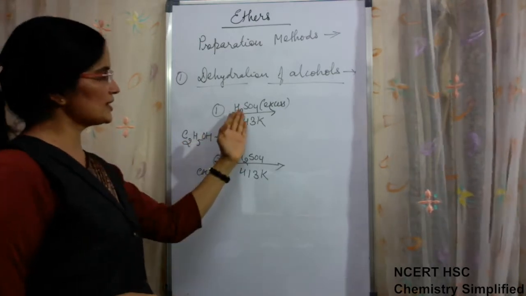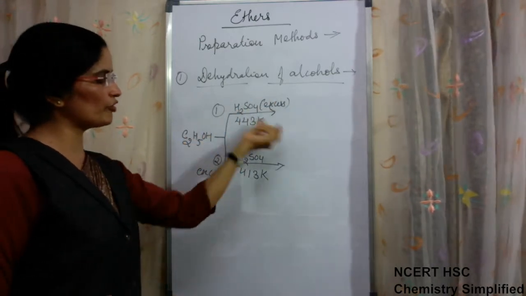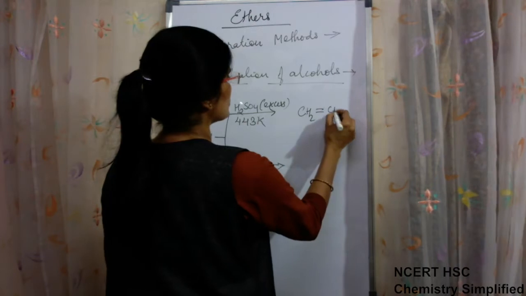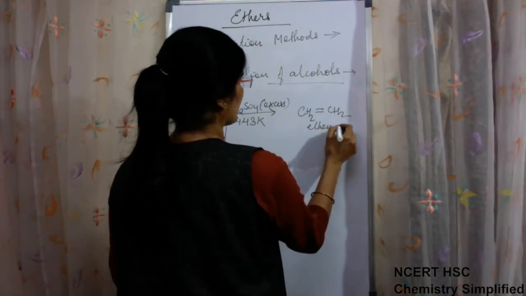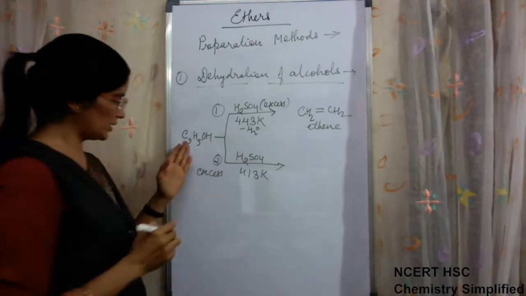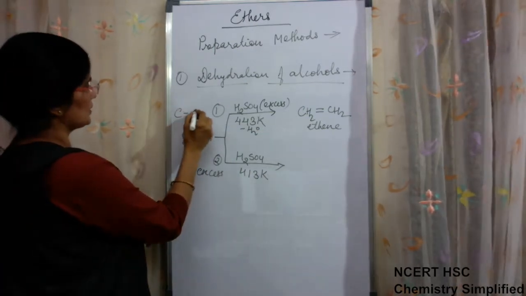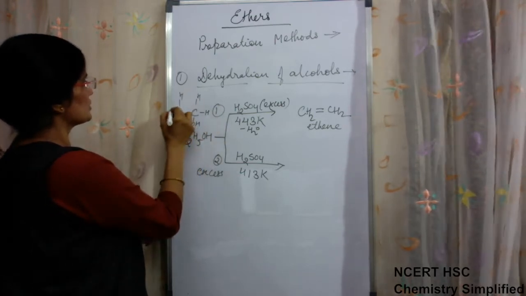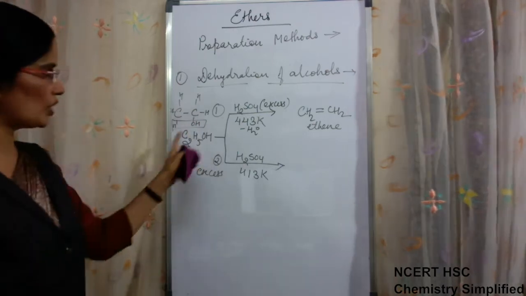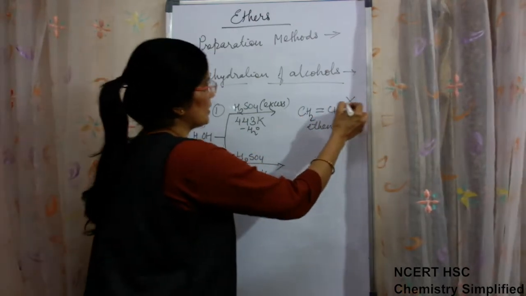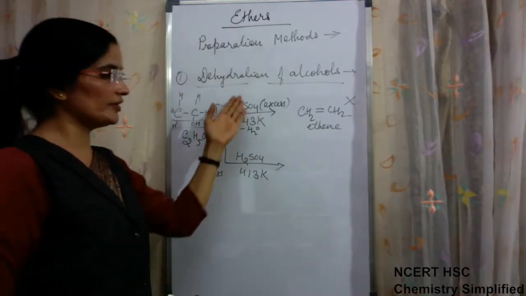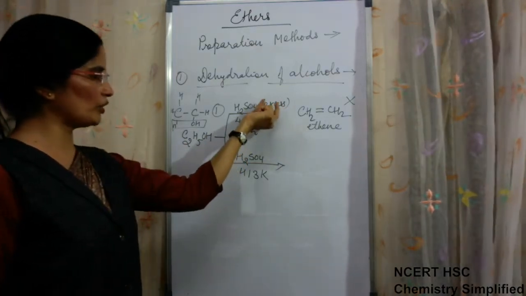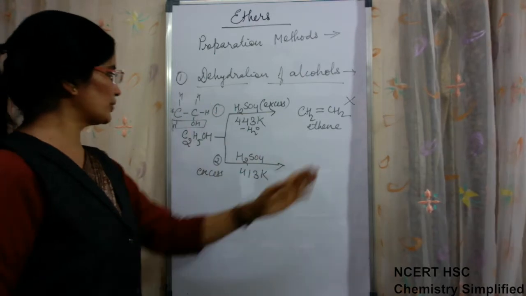When sulfuric acid is used in excess with ethanol at 443 Kelvin, the product obtained is the dehydration product, CH2=CH2, that is ethene, obtained by the loss of a water molecule. You can understand, C double bond, HOH, H is here, water molecule lost and we get alkene. This is not a preparation method of ether. Okay, but we are comparing the two reactions because we should know that the temperature and the amount of the reagent affect the product.